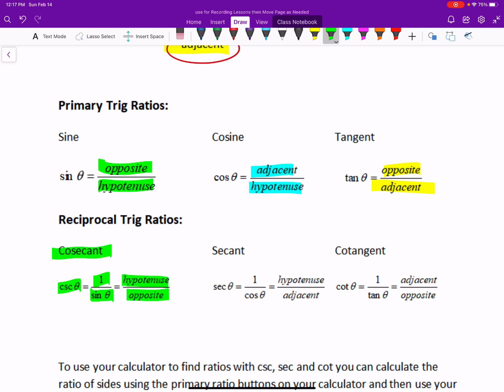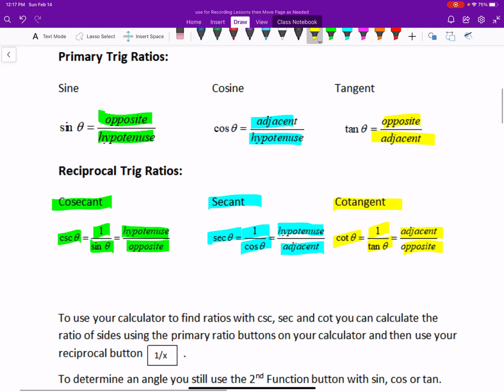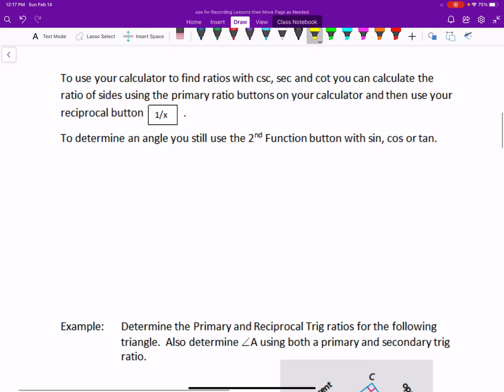If we flip cosine upside down, now we put the hypotenuse on top and adjacent on the bottom, could write that as 1 over cos. That's called secant. And cotangent is the same thing for tangent. Flip it upside down so that we have adjacent on top and opposite on the bottom. Could be written as 1 over tan. We call that cotangent.